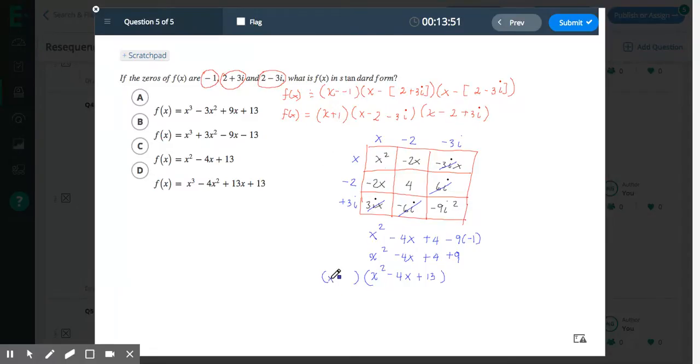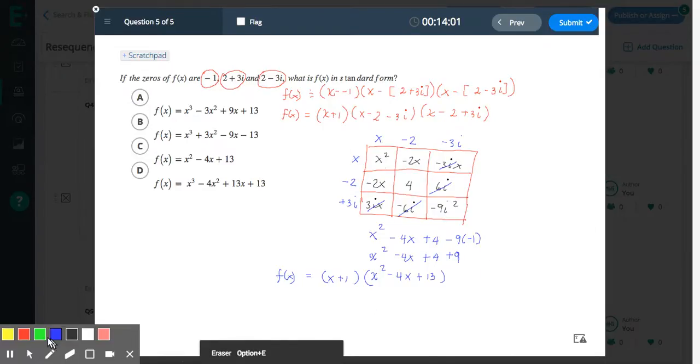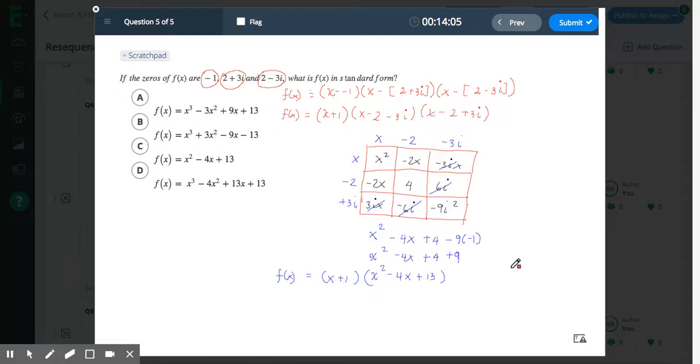So we will take this and multiply by this one, this binomial. So we'll have x plus 1 equals f of x. So we can multiply these two expressions here.